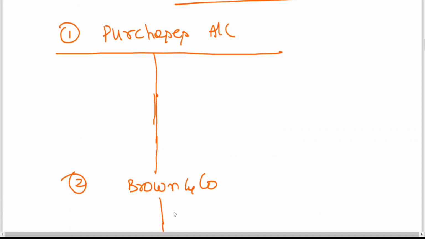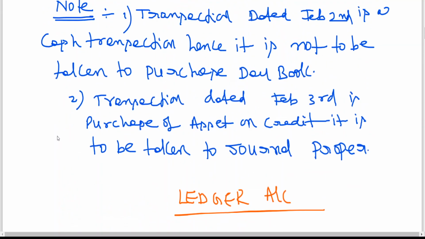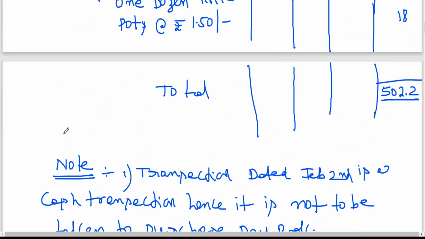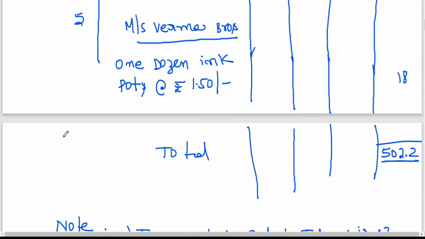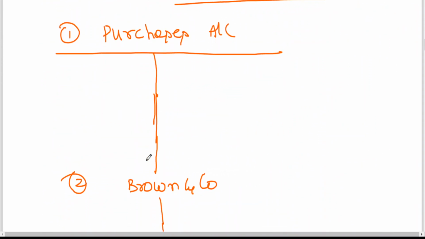Okay. Now, this purchase, the total of purchase day book. I'll be making some statements which will be useful even for the statement of true or false. The total of purchase day book is debited to purchase account.